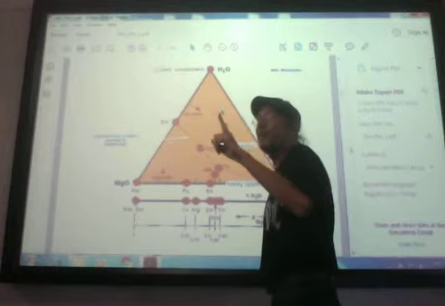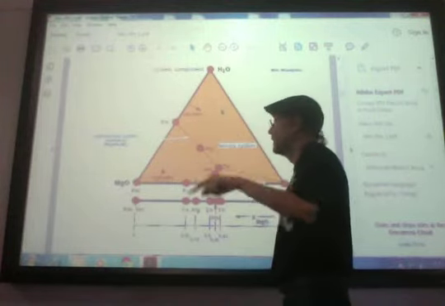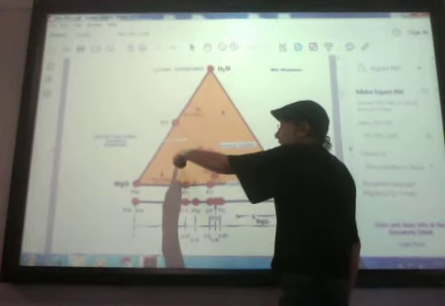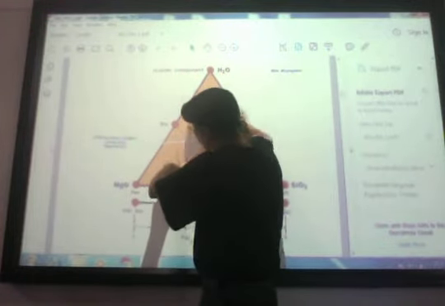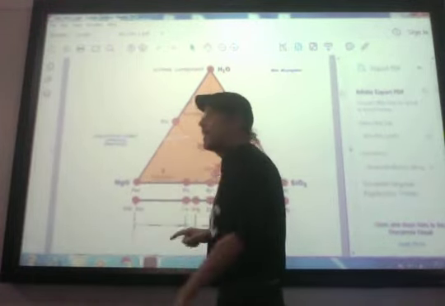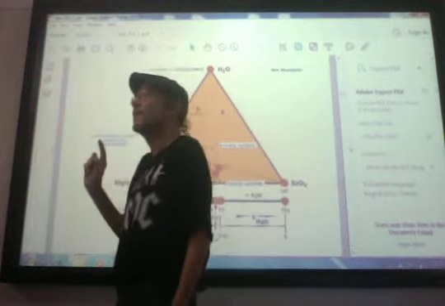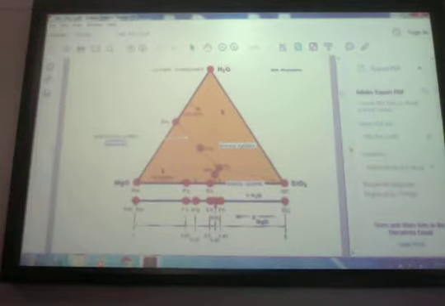If you have done your drawings wrong and your talc is plotting there, then you will have the reaction forsterite plus water plus periclase, but it is then not balanced. So therefore it has to be correct.